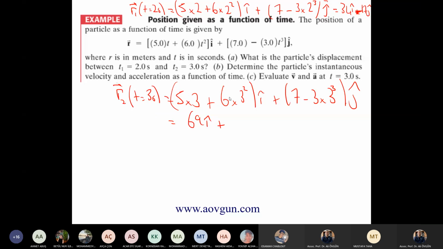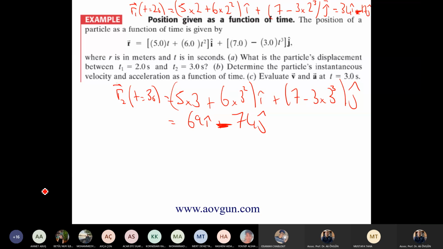And the second part, 7 minus 3 times 27, so at the end you will find minus 74 j. So how can you find now the particle displacement between 2 seconds and 3 seconds?